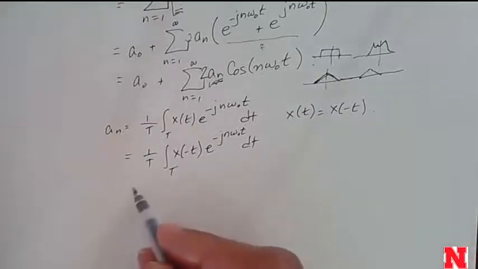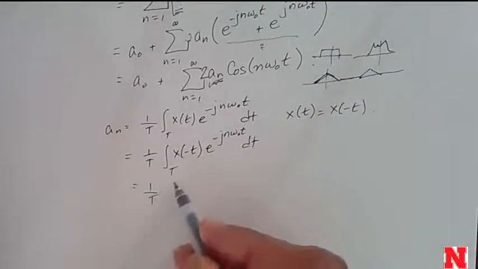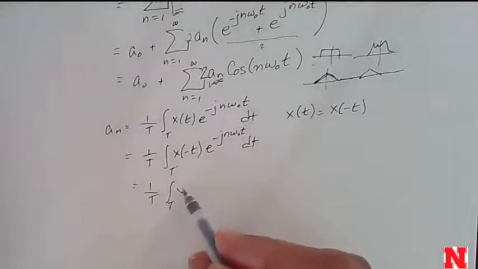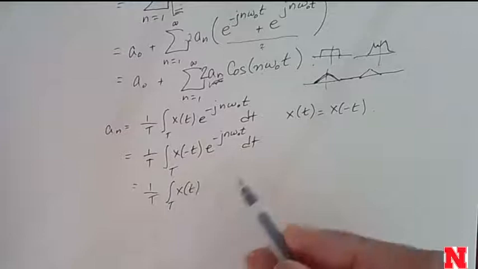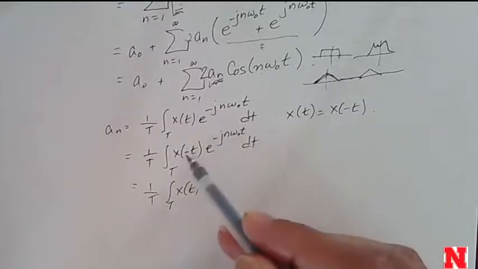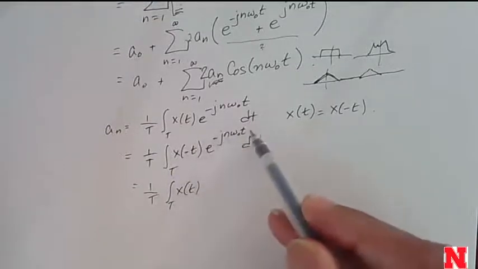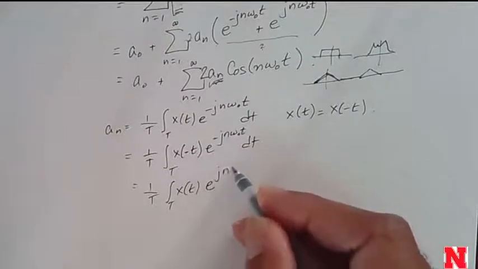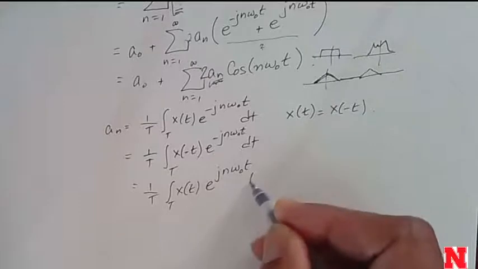So just assume that I've done a variable substitution successfully. And now I have, instead of minus t, I have t. So this is x of t. If I take this minus t and replace it by t, I'll take this minus t and replace it by t as well. So this becomes e to the j n omega naught t dt.